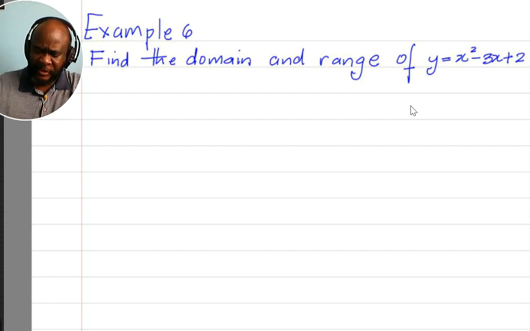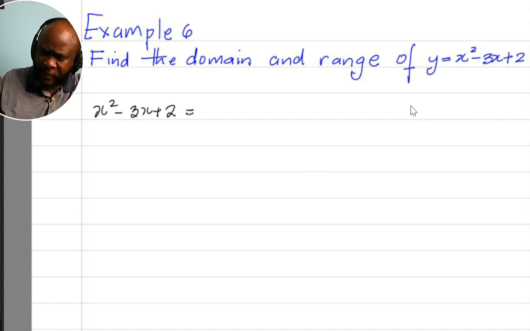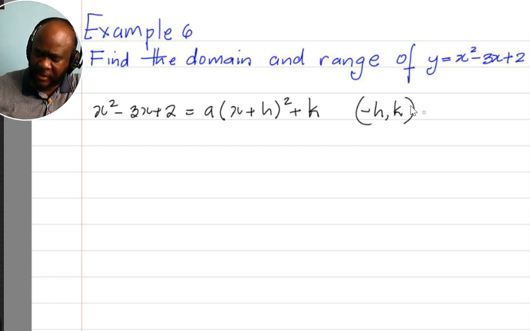In order to do a sketch, it would really be good if I could complete the square and arrange x squared minus 3x plus 2 in the form a into x plus h squared plus k. In this arrangement, minus h, k would be the turning point.